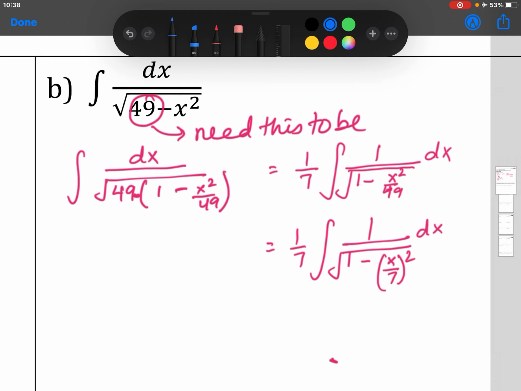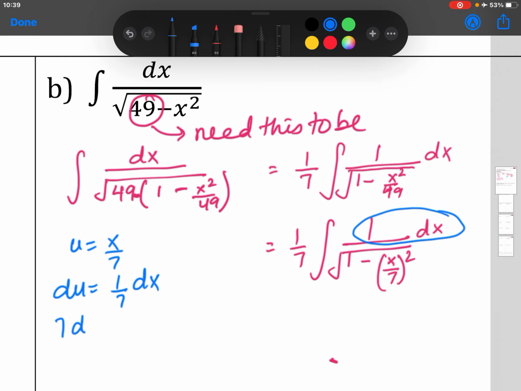So I'm going to pick my u to be x over 7. So my du is going to be just the coefficient of x, which is 1/7 dx. I do have actually 1/7 dx. I can either choose to do that, or if I just want to pay attention to this 1 dx, I'm going to multiply by 7 on both sides, and I have dx as 7 du. Basically, my 7s will cancel out, right?